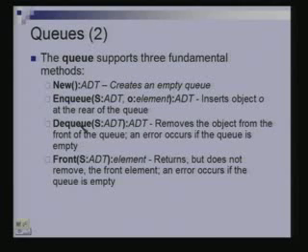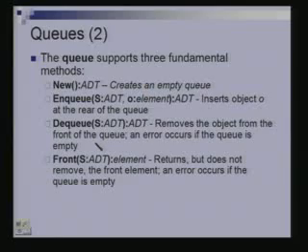When you remove an element from the queue, you get another queue. The front is a method which gives me the front element of the queue. How does it differ from dequeue? It does not remove the front element, it only tells me which is the element at the front of the queue.